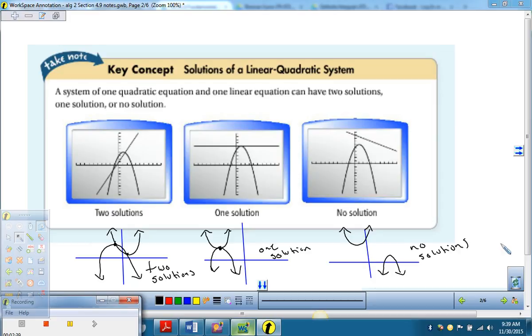Okay, we're looking for the places they intersect. And when they intersect, we need to remember their y values are the same. So at the intersection, y values are equal. And x values, but the important thing is y values are equal.